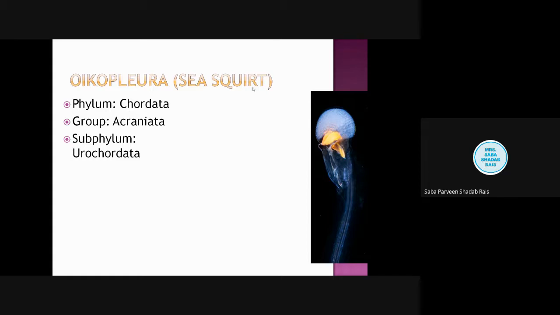If you don't remember all three characteristics, at least remember Uro means tail, that means the notochord should be present in the tail region. That is sufficient. So what should you remember? Body is covered by the thick test, notochord only in the larval tail, and these are marine animals.